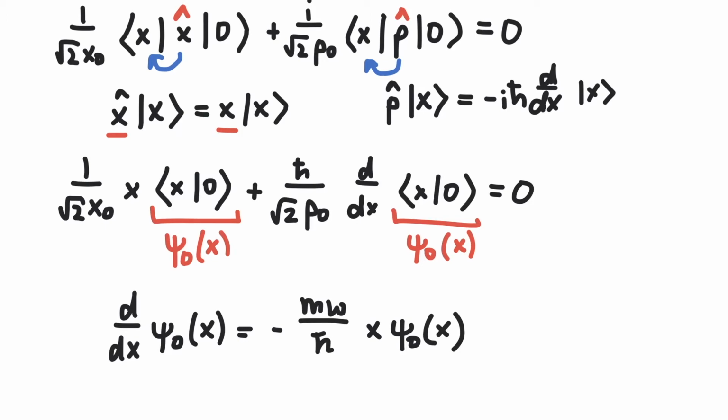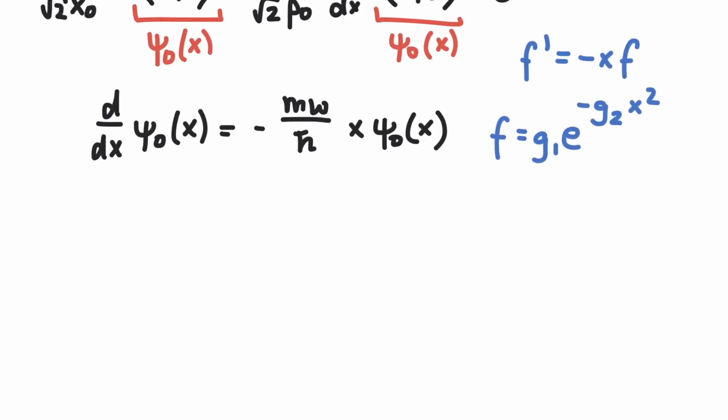We now have a rather easy differential equation, where on the one side we have the derivative of some function f, and on the other side minus x and the function again. A good ansatz would be that f is given by some constant g1, and then an exponential function of minus, again some constant g2, and x squared. So let's plug this into our differential equation.